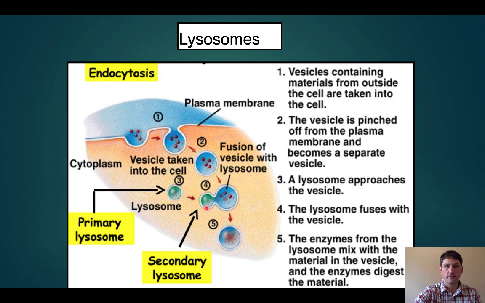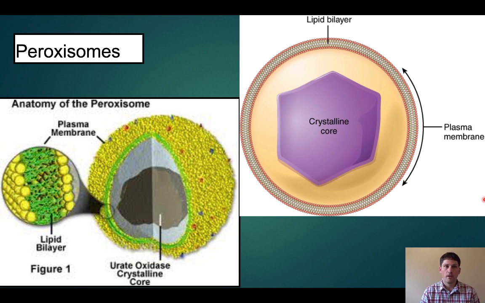Its digestive enzymes then are released and combined with this vesicle to break down whatever material is inside of there, and then the cell can use that or destroy it and excrete it. But again, you can think of these lysosomes as little digestive packets.